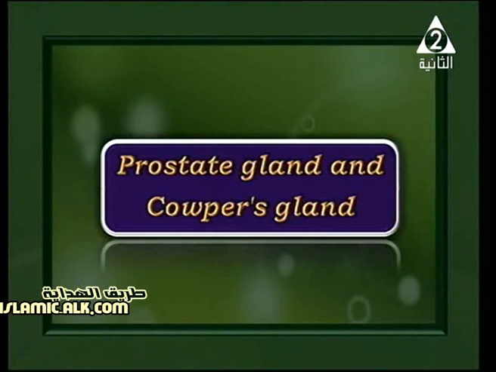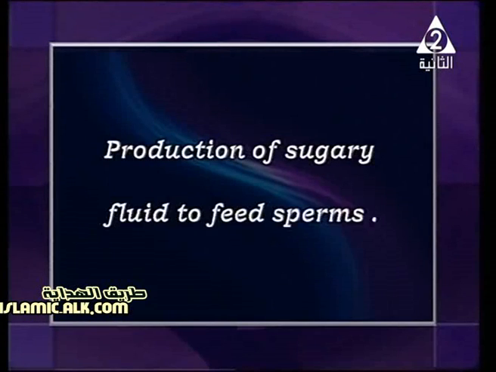Right now, we studied the testis. It's also a kind of gland because it secretes testosterone hormone. And after that we have the prostate and Cooper's gland. By the way, Cooper is the name of the scientist who discovered this gland. They have an important function in production of a sugary fluid.